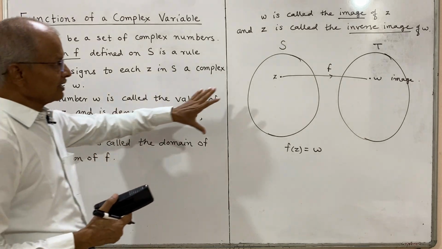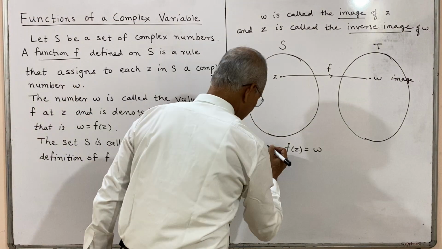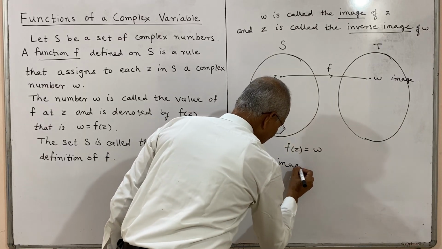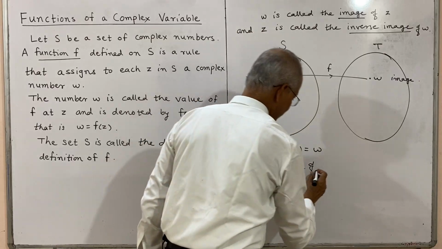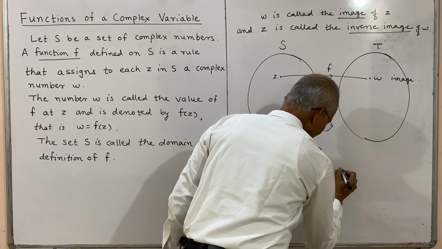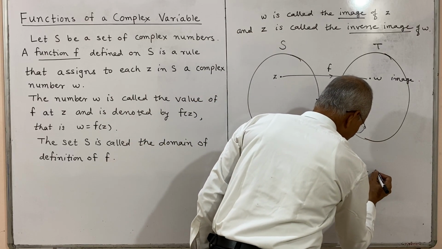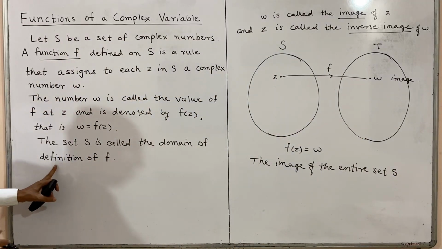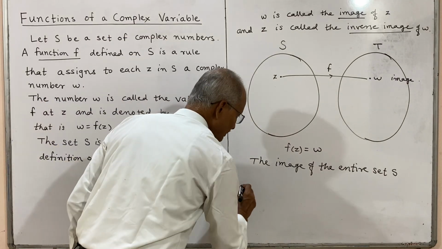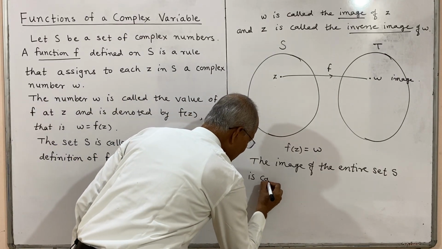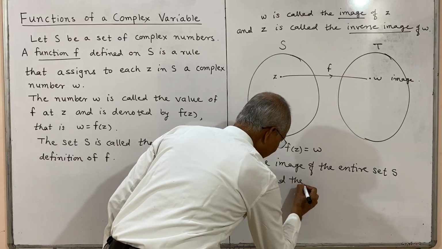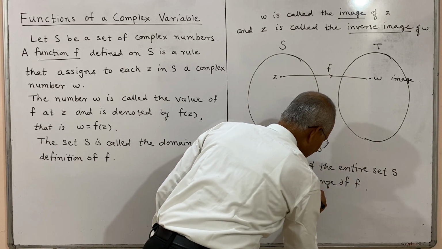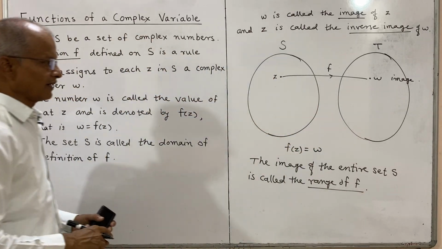So, this is a mapping, and the image of the entire set S, which is the domain of definition of f, is called the range of the function f.